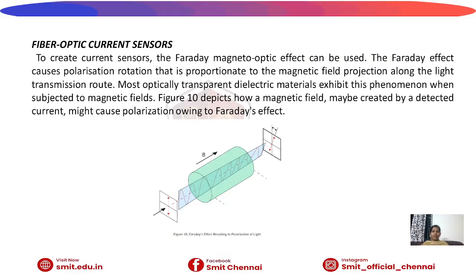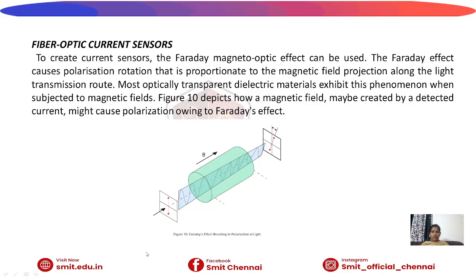Next one is the fiber optic current sensor. It senses the current using an optical effect. The Faraday effect is used as the principle of operation. The Faraday effect causes a polarization rotation that is proportional to the magnetic field produced along the light transmission route, that is in the center part.